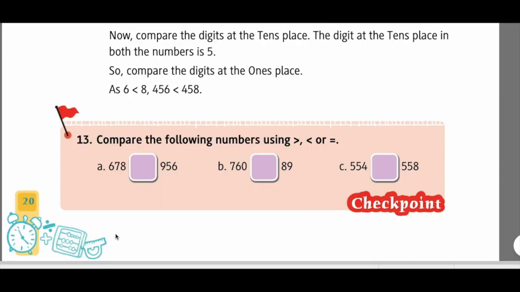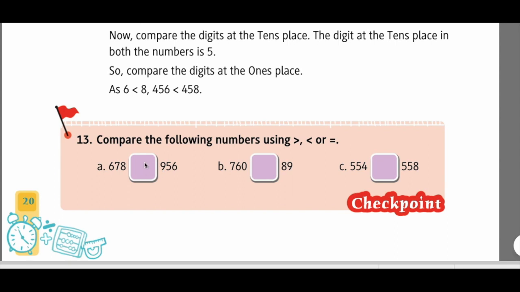13th one. Compare the following numbers using greater than, lesser than or equal to. A. 678, 956. As we discussed earlier, we have to see the numbers in the hundreds place. In 678 we have 6 in the hundreds place, and in 956 we have 9. Which is greater, 6 or 9? 9 is greater.